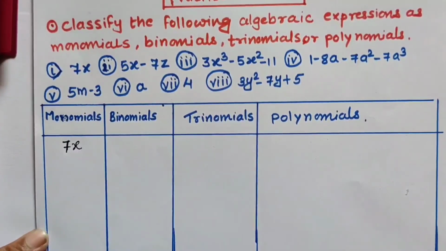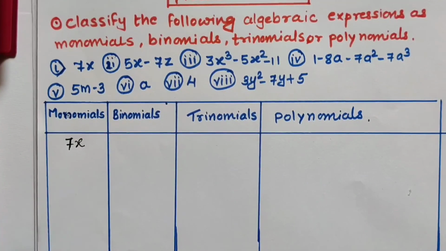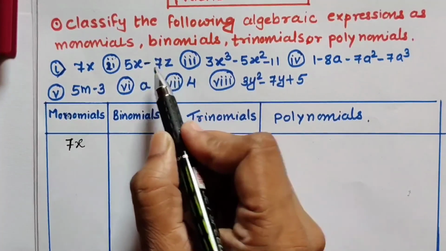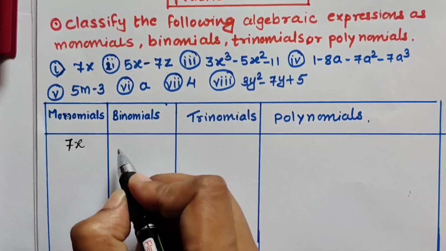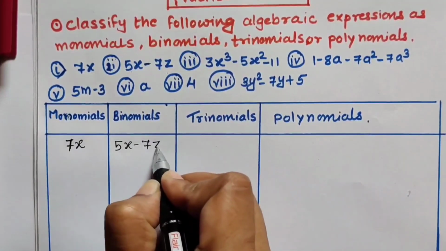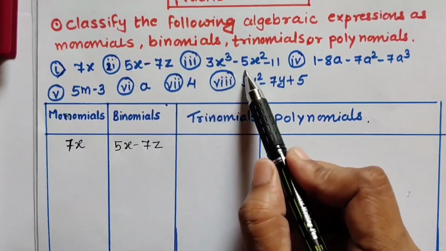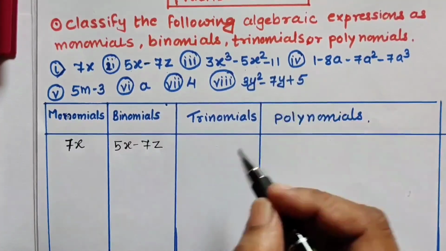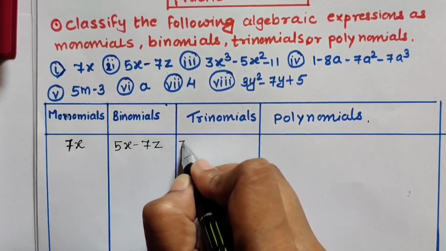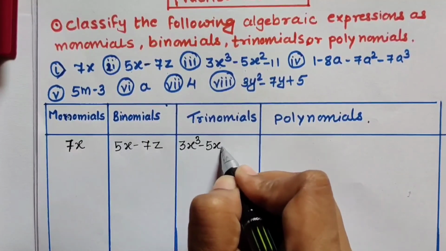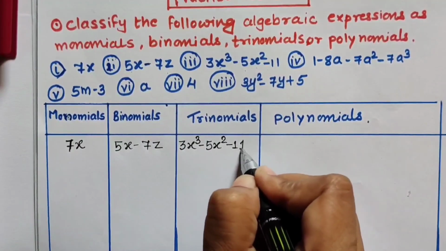7x is a monomial. Now let us see the next sum, which is 5x minus 7z. So two terms are separated by a minus sign, 1 and 2 terms are there, that means it is a binomial. We have to write here 5x minus 7z. Then 3x cube minus 5x square minus 11, that means there are 3 terms, 1, 2, 3. We have to write in trinomial. 3 terms means trinomial. 3x cube minus 5x square minus 11 is a trinomial.